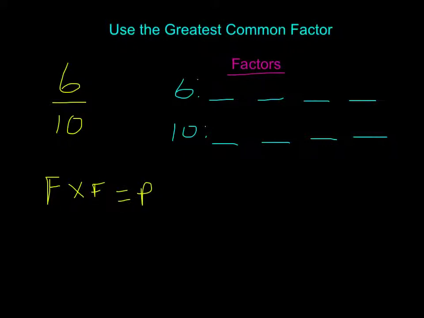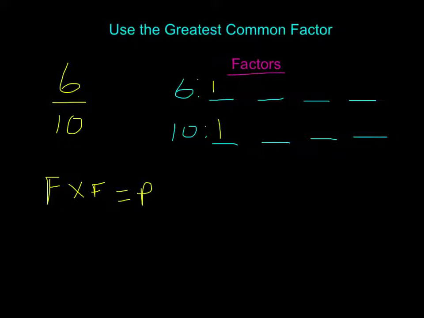In this case, our product represents a 10 and a 6. We're looking for these factors. So, our first factor here, we're going to write these in. For 6, our first factor is going to be 1. Our first factor is always 1.